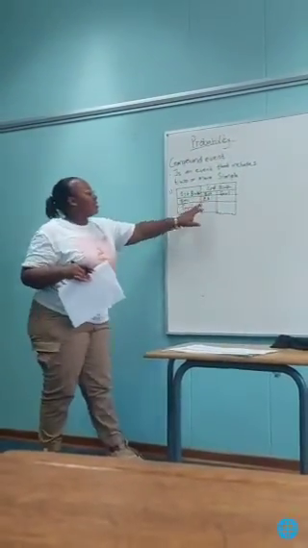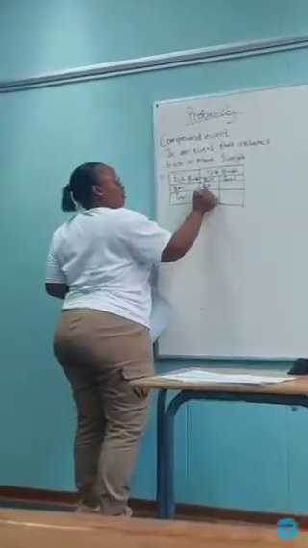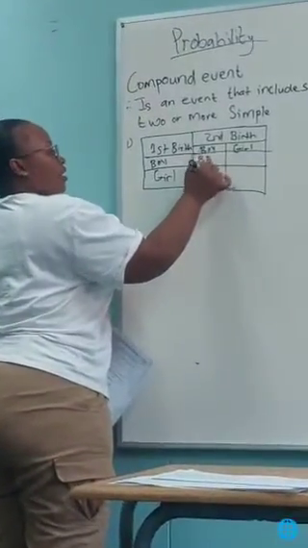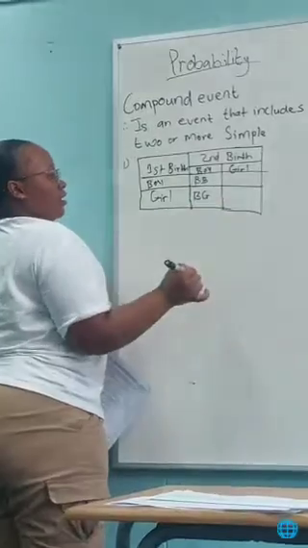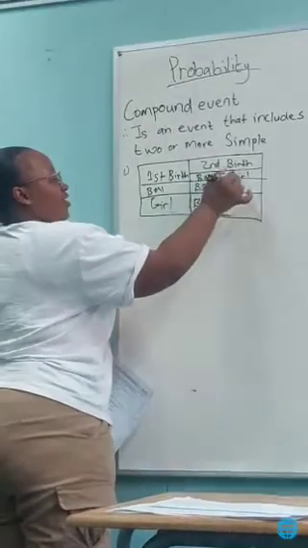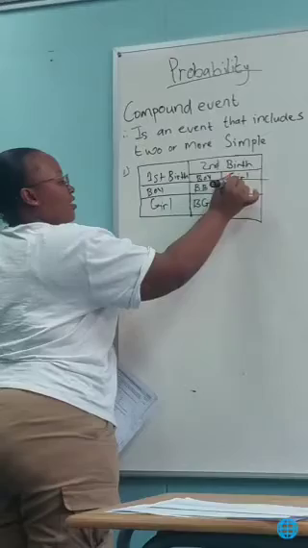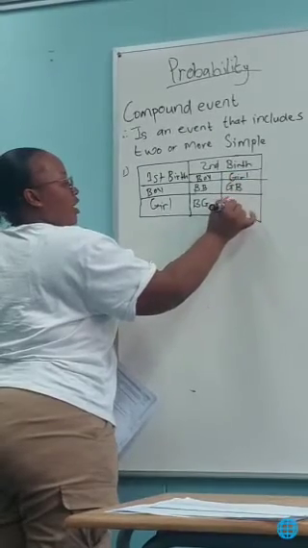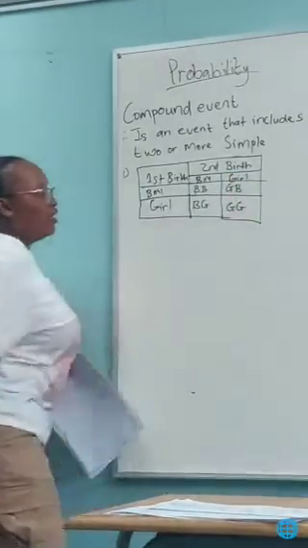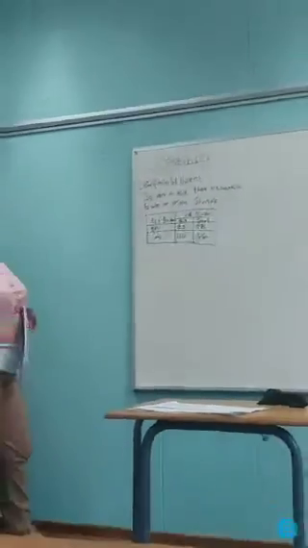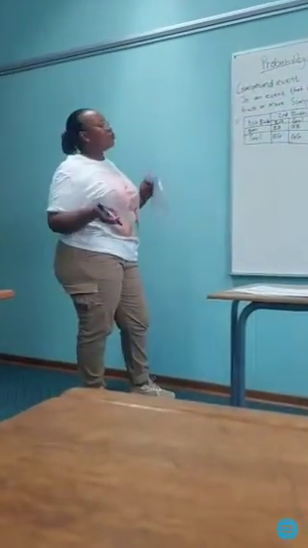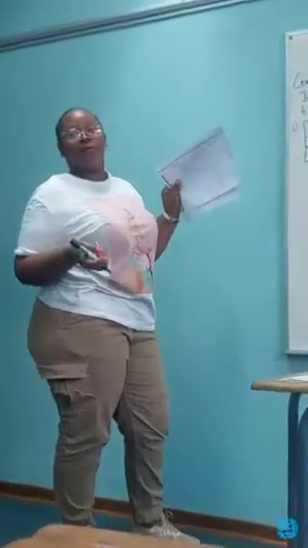The second column can be a boy and a girl, or a girl and a boy, or a girl and a girl. The question said, what is the probability of a woman giving birth to two boys after each other?